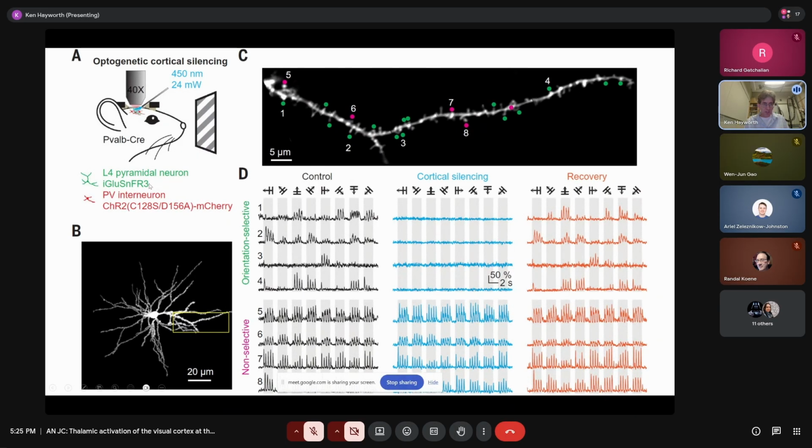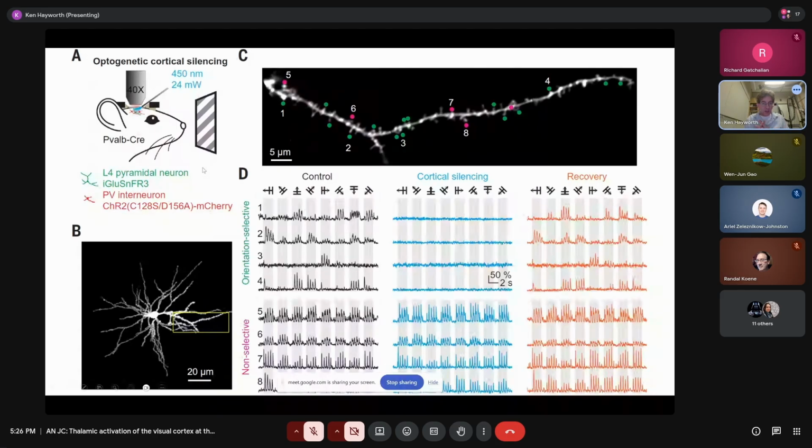One is that they take a single layer 4 pyramidal neuron that is orientation selective, and they inject, let's just say inject, so that it expresses this glutamate sensor.